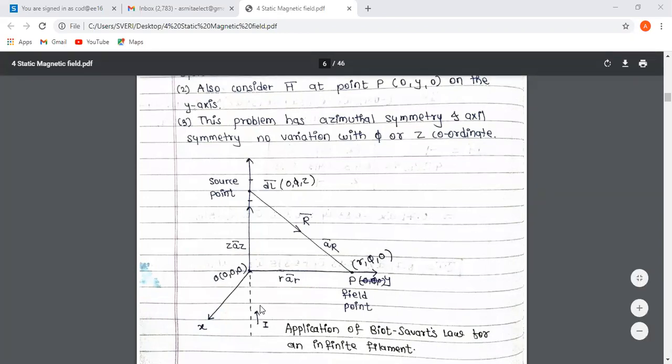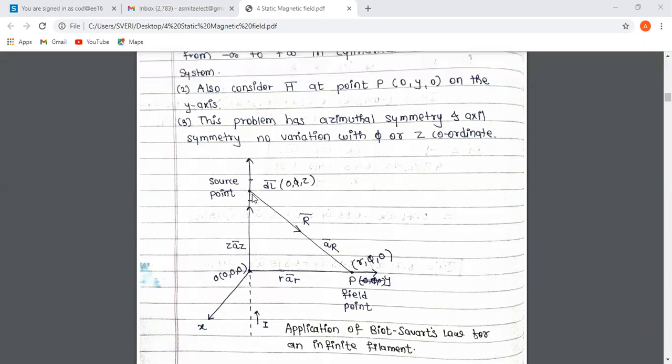So here this filament is placed from negative z-axis to positive z-axis. And consider any one point on this filament, and the total length of that small section will be dl bar, if the total length we consider as l.